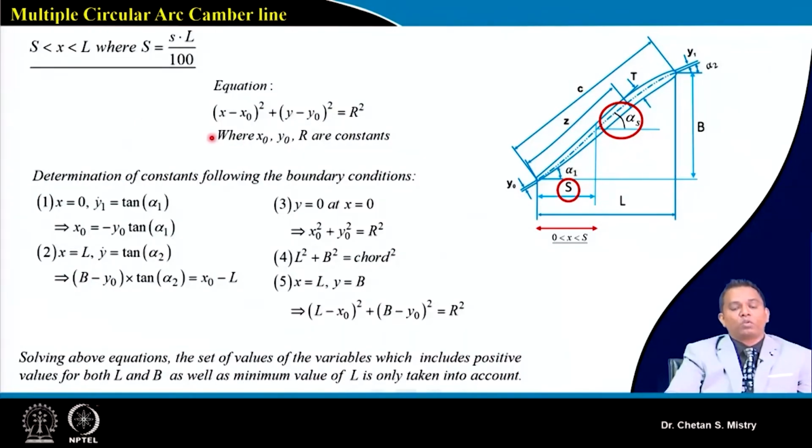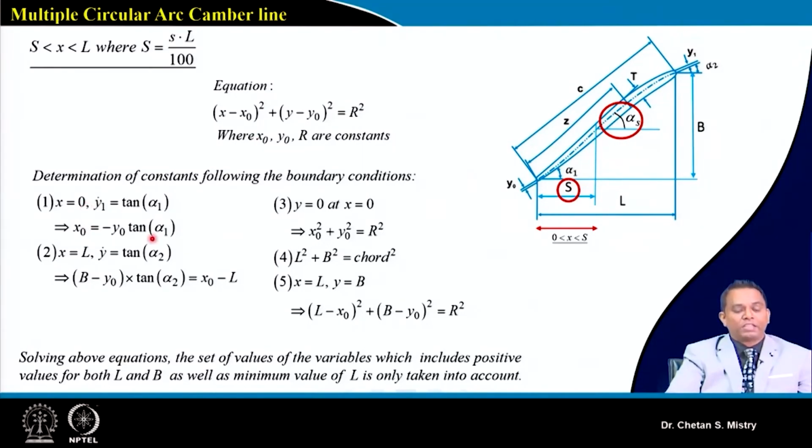Now, for the other line, from the inflection point towards the trailing edge, we can consider a circular arc. So, this is (x minus x0) square plus (y minus y0) square equal to r square. Now, in line with the boundary conditions we have discussed, we will be putting those boundary conditions here.